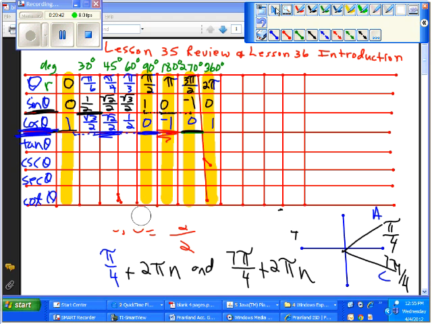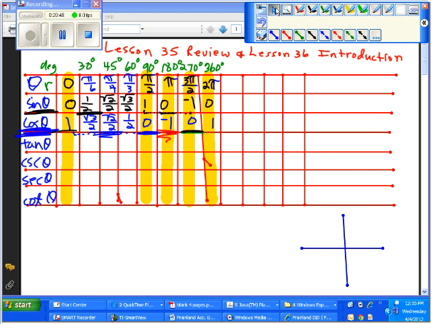Well, no, let's just graph. Let's graph something. Let's just graph one just so we can say we did, because we may need that. Okay, let's say that we were going to graph cosine theta. Well, look at the yellow by cosine. Do you see we have a table? The yellow stuff: 1, 0, negative 1, 0, 1.